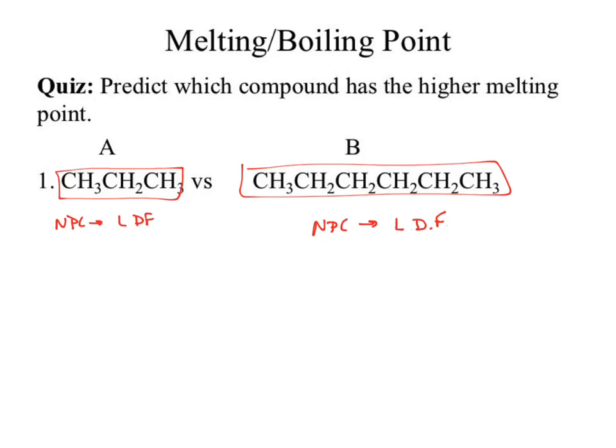No. One has more of that weak force, which means it's going to require more energy to break that molecule away from other similar molecules than A. More energy means higher melting point or boiling point. That is why 1B is now higher.